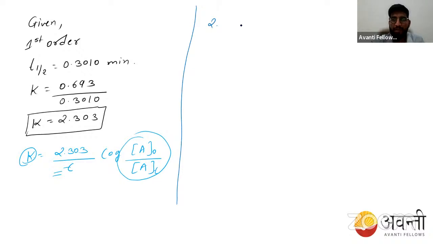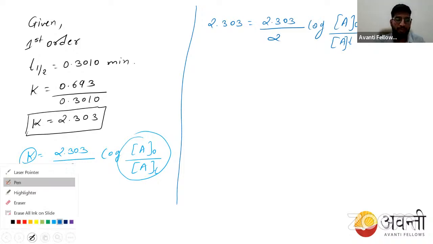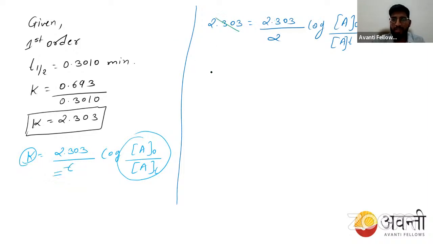K value 2.303 is equal to 2.303 upon the time, 2 minutes, into log A naught, which is the initial concentration, upon the concentration at time t. This is our equation for solving the problem. We can cancel out 2.303 on both sides. So 2 is equal to log A naught upon A t. Simple funda.